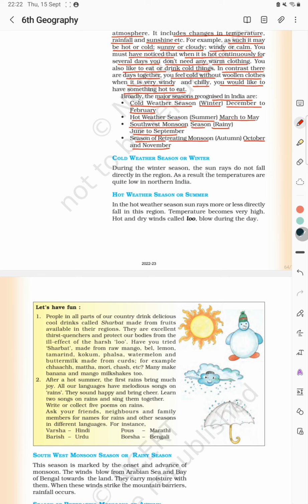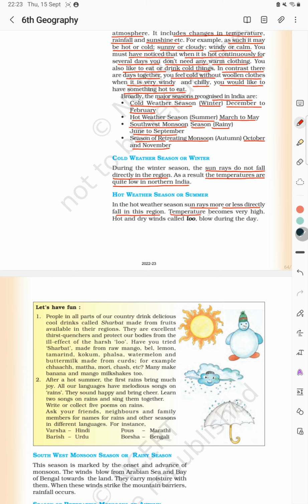During the winter season, the sun rays do not fall directly in the region. As a result, the temperatures are quite low in northern India. Now, the hot weather season or summer. In the hot weather season, sun rays more or less directly fall in this region because the sun is directly above the Tropic of Cancer, and the Tropic of Cancer passes through India, which divides India almost into two parts.